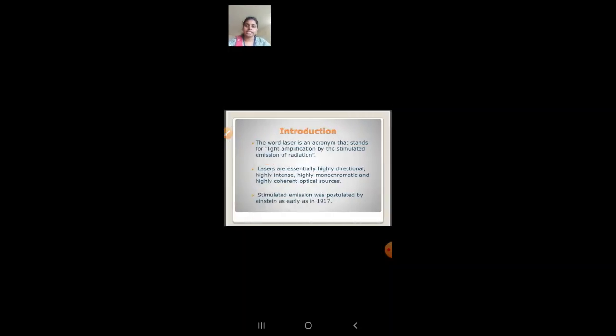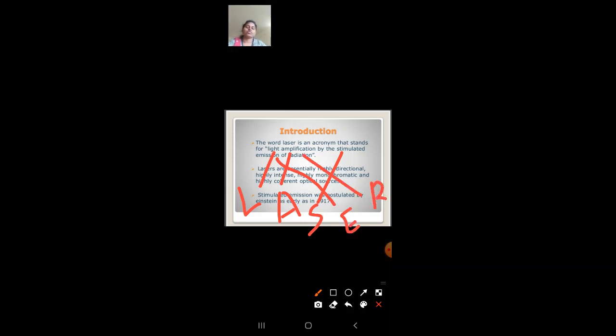First, introduction of the laser. The word laser is an acronym that stands for light amplification by the stimulated emission of radiation. Here, light is denoted by L, amplification by A, stimulated by S, emission by E, and radiation by R. So finally we get LASER.